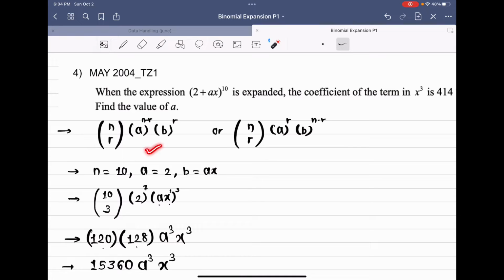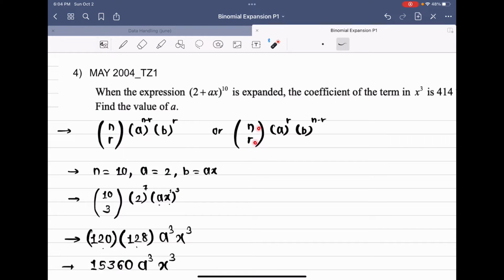You can use this one or you can use this one. What is the first formula or second formula? nCr, n means the total power. Out of that you need to choose the term which has x raised to 3, that is r. Your first term, that is a, will get n minus r, and your second term, that is b, here ax, will get r.